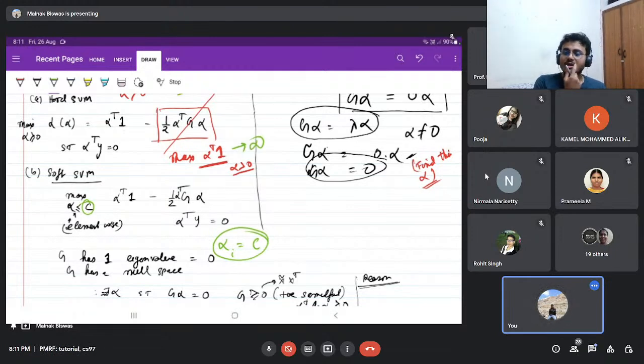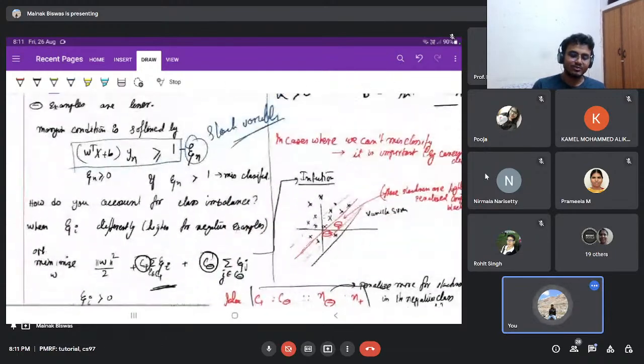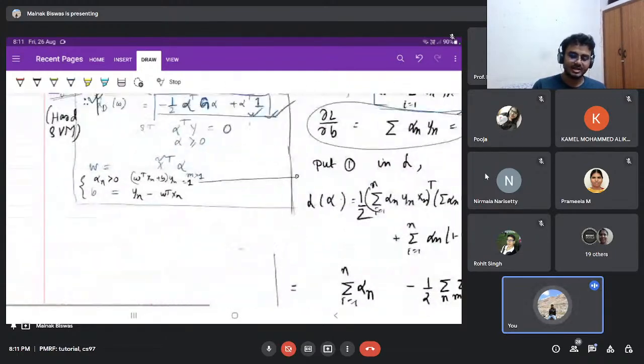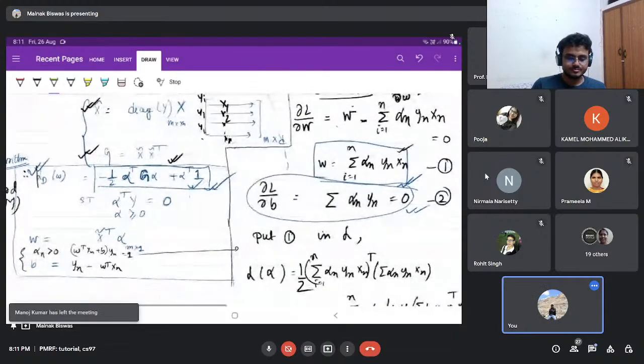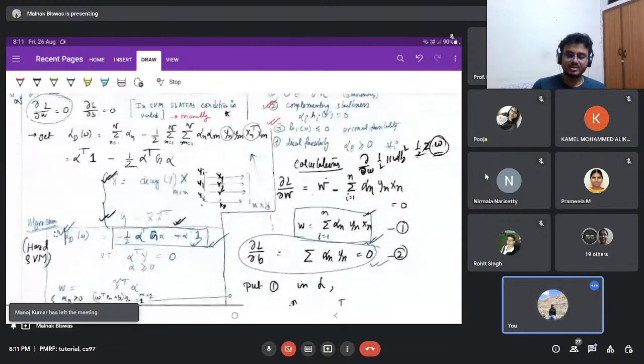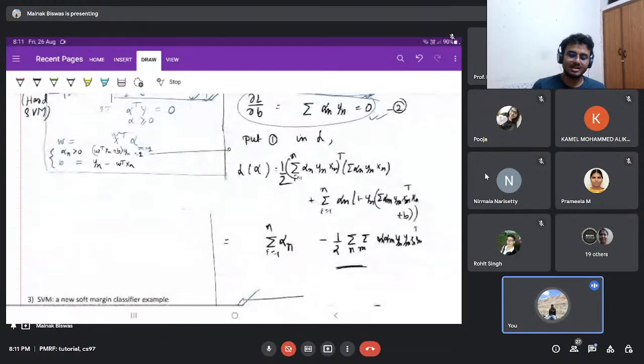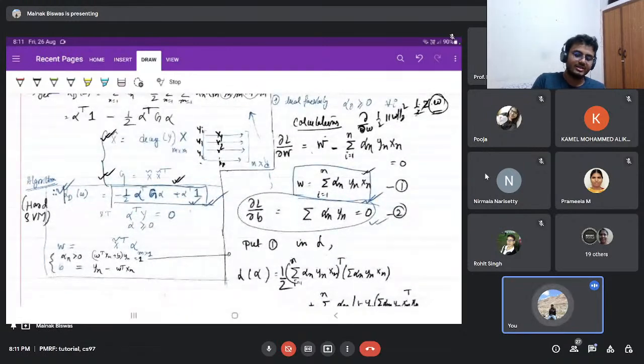Did you understand? So in a large setting, what we just skipped is only this derivation. This derivation is trivial, it's just algebra. I showed you how to derive the Lagrangian, take the derivatives, remove x and get it in terms of alpha.